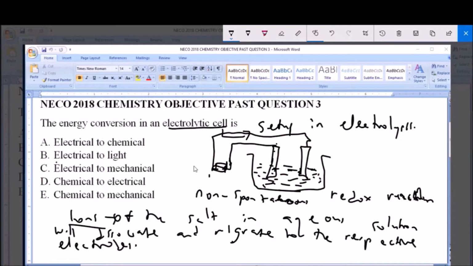Now if you look at what is happening here, you have electrical energy from the power source, from the voltage source, passing into the electrodes, which then causes dissociation of the aqueous solution of the salt and migration of ions.